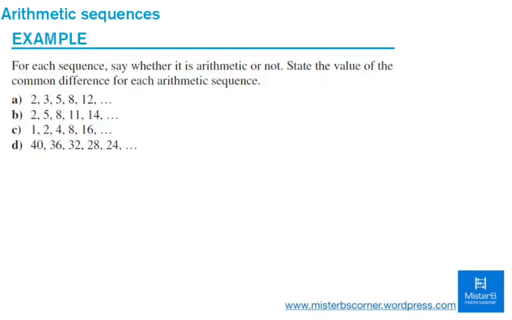Let's try to figure out whether these sequences are arithmetic or not. Well, we're seeking a common difference between any consecutive terms. So if I check the first one, it is 2, 3, 5, 8 and 12.